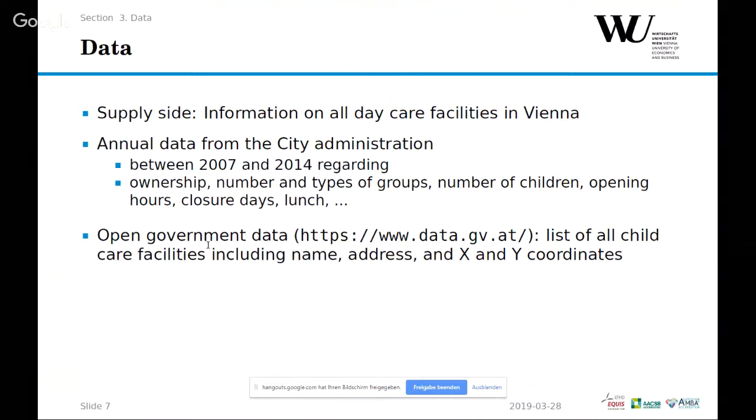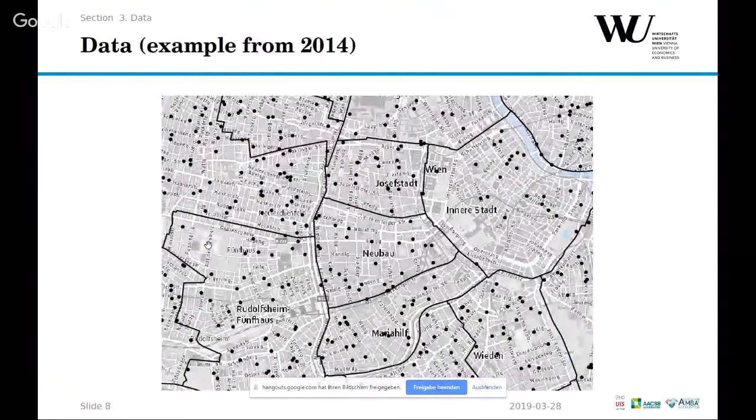And such a list for Austria is available at the Open Government Data website, where you can download such a list, including the name of the childcare facility, the address, and the X and Y coordinates. So with the coordinates, you can project the locations of the childcare facilities on a map, and I show you an excerpt of Vienna on this slide. And the black dots on the slide are the locations of the childcare facilities.